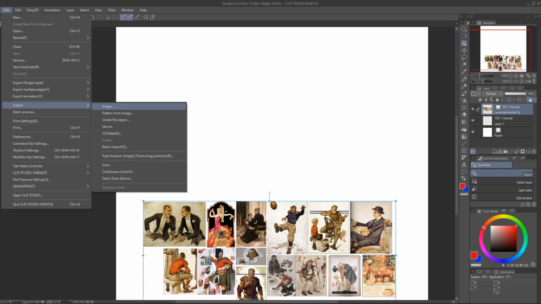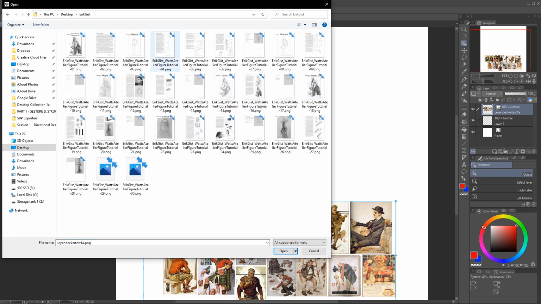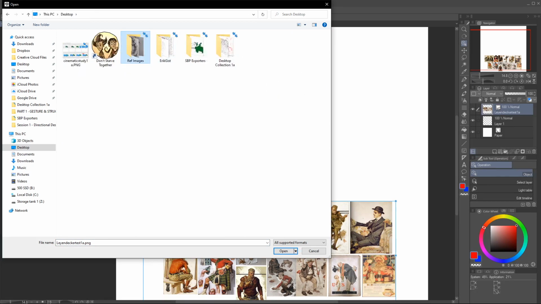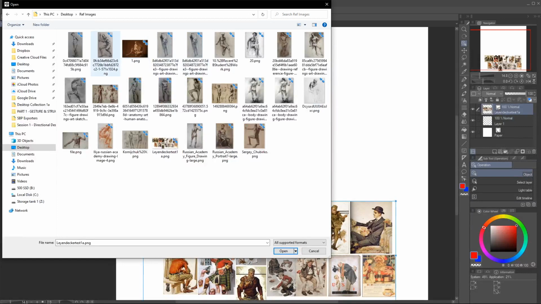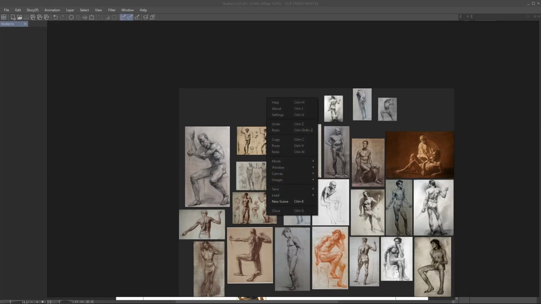Alright, so import image. Let's grab that in there actually. Oh. It exported all the images individually. Alright, we'll get this right.